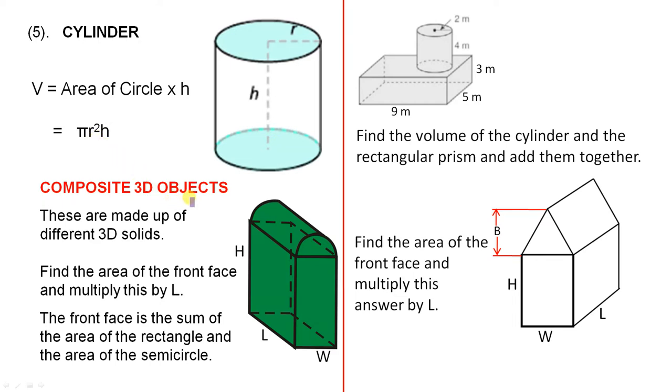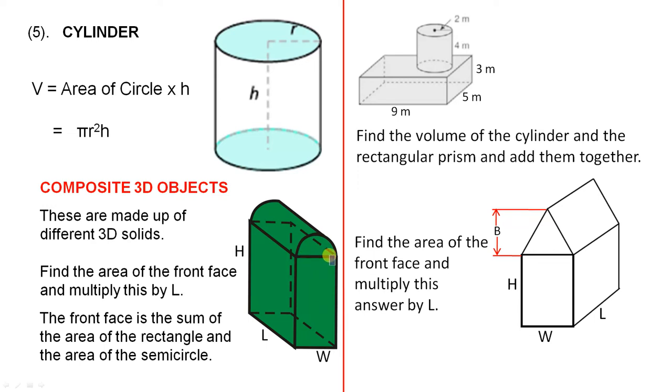Composite 3D solids, these are made up of different 3D solids. So, for example, for this one, you find the area of the front face and multiply this by L. So there's the front face here, you're given that length, you're given the height, so that'll give you the area of that rectangle, and you've also got, if that's W, that gives you basically the diameter of the semicircle, and you'll also know the radius.